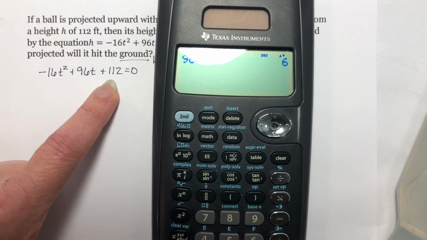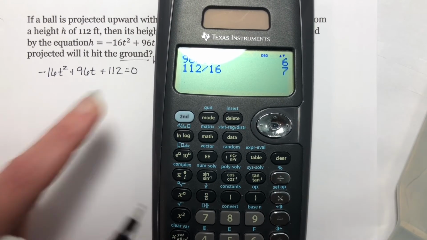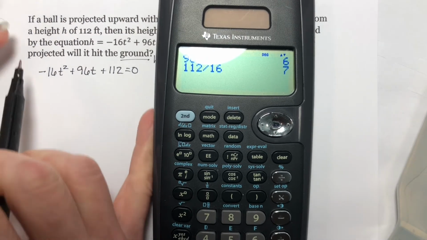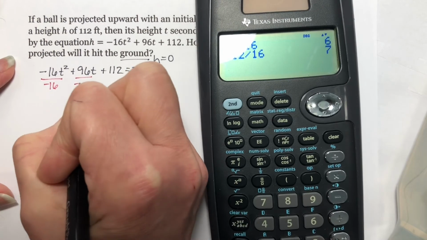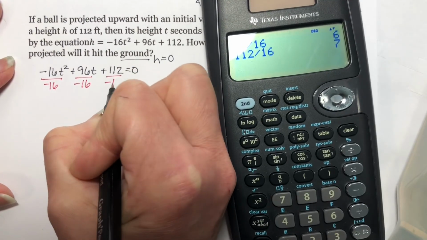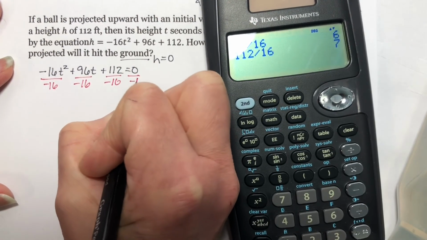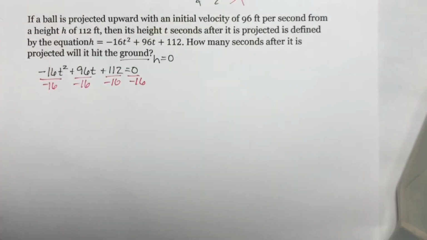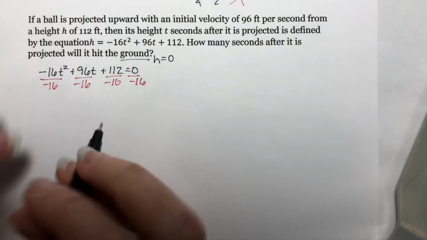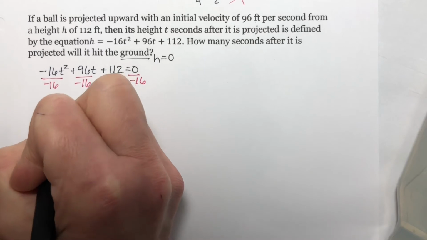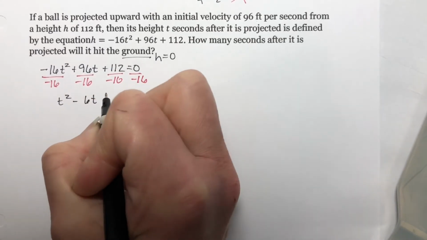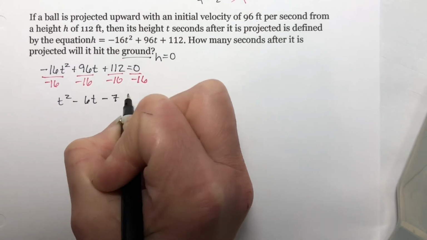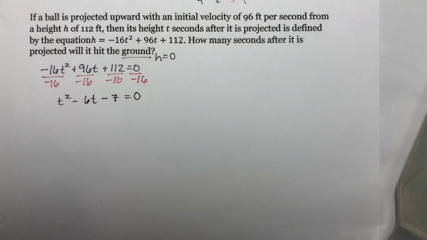Okay, so that's good. 112 divided by 16 is 7. So I can make this a whole lot easier if I divide everything here by -16. Now this is not an absolutely necessary step, it's just going to make your life a whole lot easier. This would be t squared minus 6t minus 7 is equal to 0.